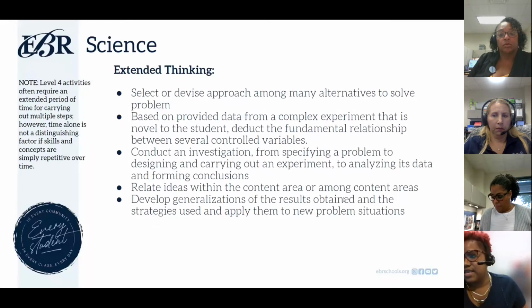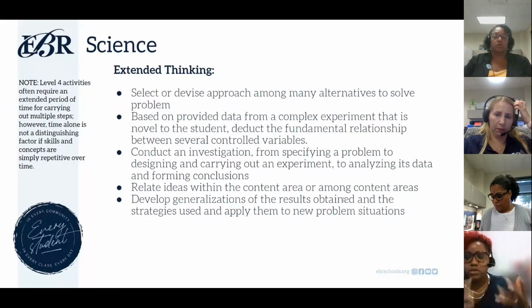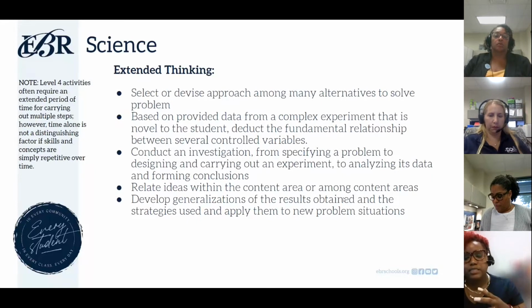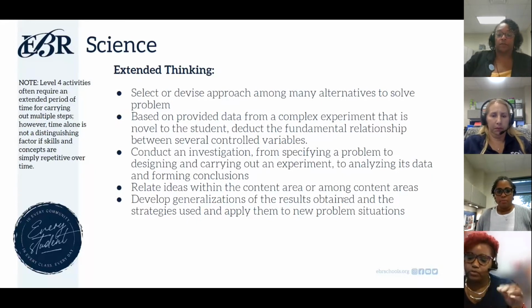Now, that extended thinking, we're looking at devising an approach among different alternatives to solve a problem. So again, unlike DOK level 3, where we're giving the students a prescribed way to find something and they're having to explain what their findings are, in DOK level 4 they actually are coming up with their own way to solve a problem.